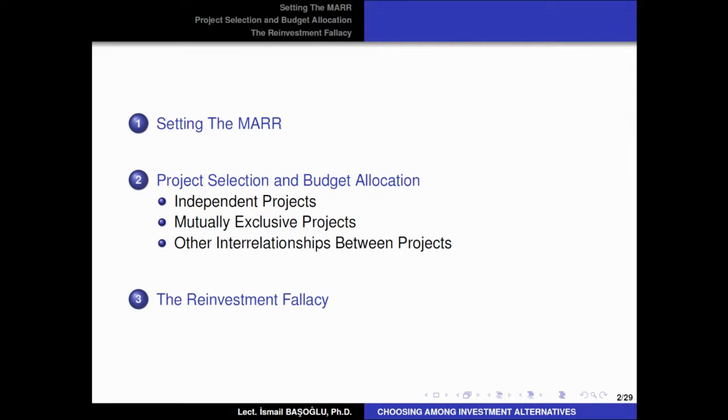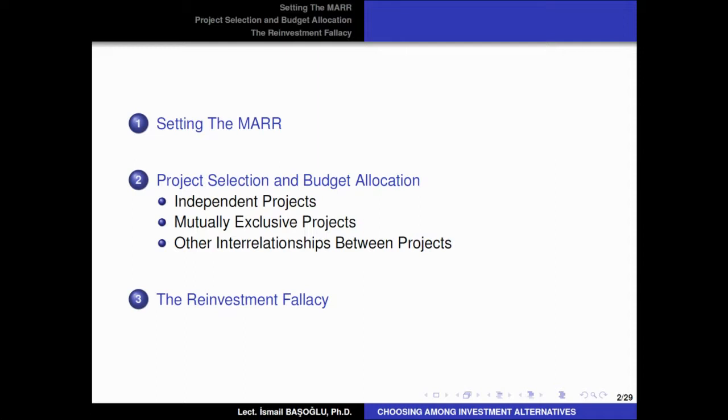Let's just say you are supposed to purchase a printer, and there are several brands of printer. Even though you have enough money to purchase all of them, obviously you are just going to purchase one of them, which means if you select one of these printers, you are not going to purchase the other ones. So these are mutually exclusive projects.